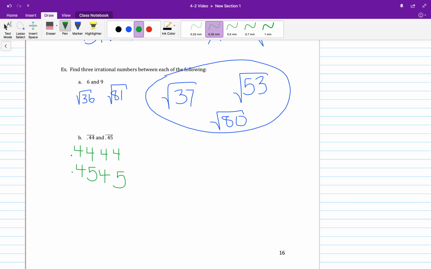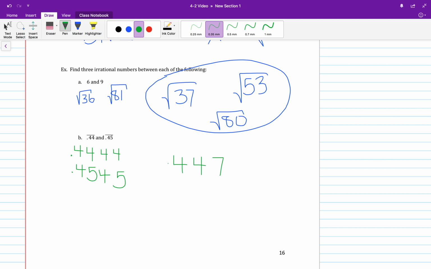So I'm going to have anything that starts in between these numbers. So I might start it as decimal 4, 4, and then I might put something like 7. 4, 4, 7 is between 4, 4, 4 and 4, 5, 4.